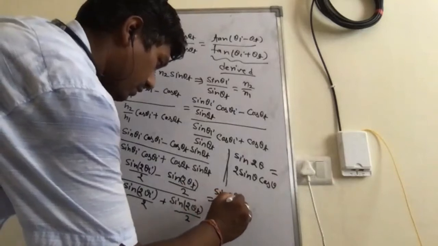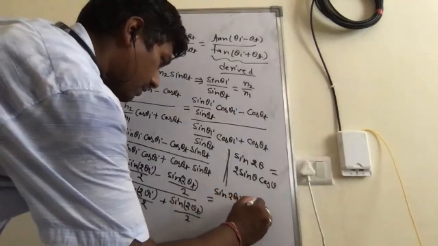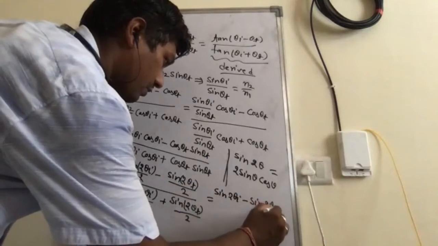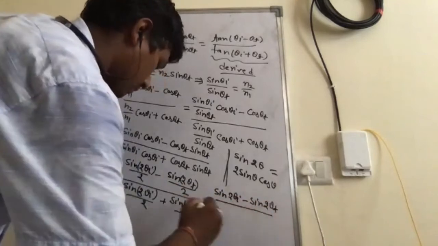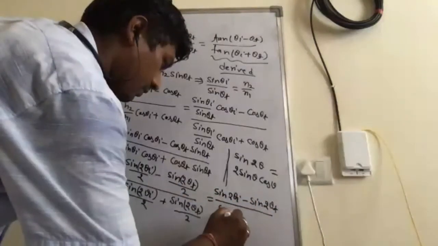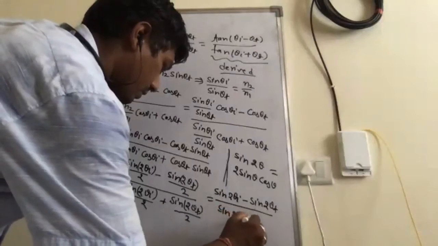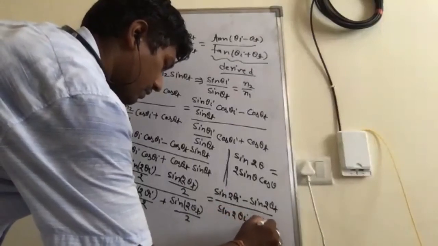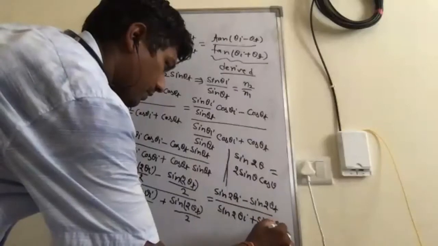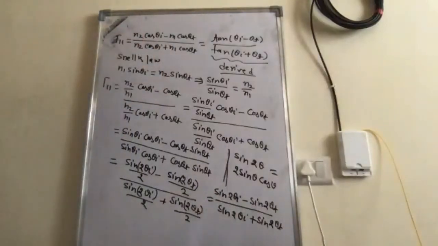Further we can write this is equal to sin 2 theta I minus sin 2 theta t, divided by sin 2 theta I plus sin 2 theta t. Now again we need to apply another trigonometric identity.